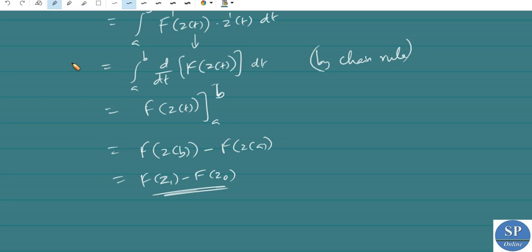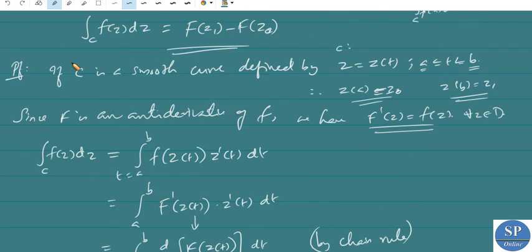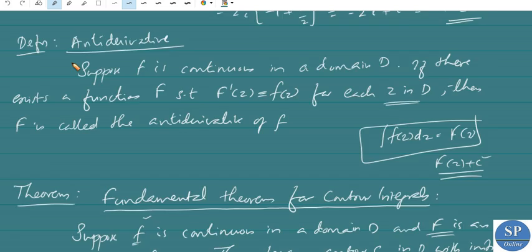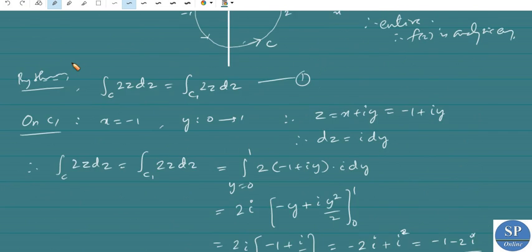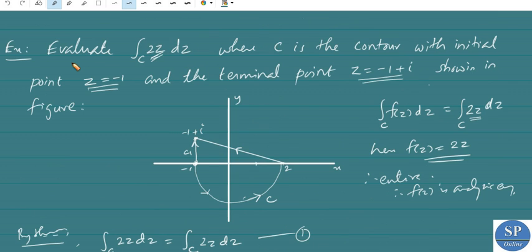So now we can just use this theorem to find the integral in the previous example. Actually, we have the example here. Evaluate the integral over C of 2z dz. Here this was our C, but instead of this C we take this C1 for convenience, because 2z is analytic.